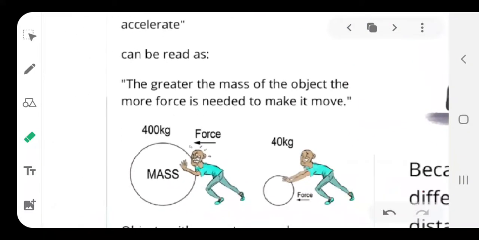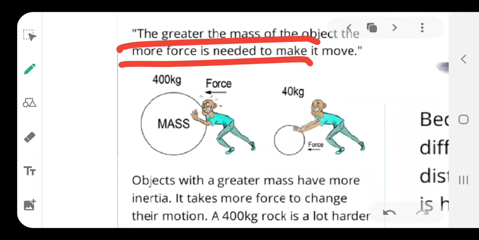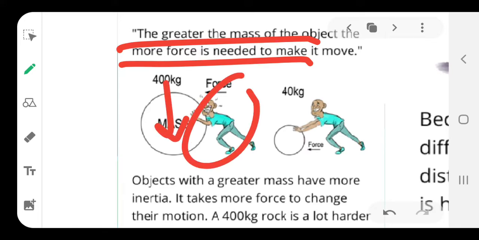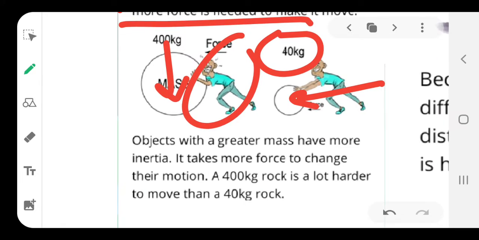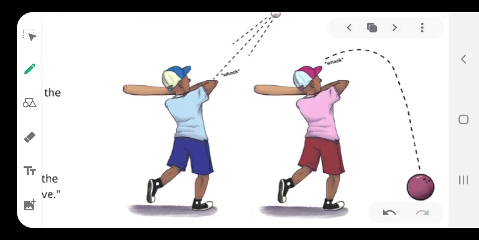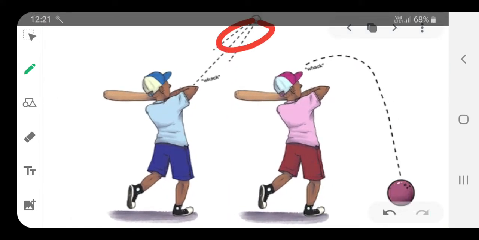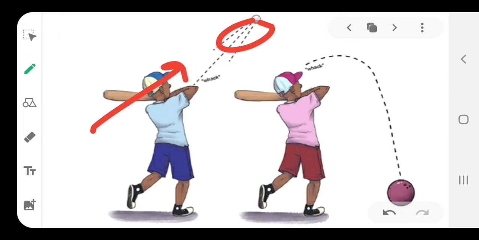The example gives you a good illustration that the greater the mass of the object, the more force we have to apply. If the body weighs say 400 kilograms, the force required will be massive, and we can't move it. But if the body has less mass, the person can move it better. Similarly, those who play cricket or baseball know that if the ball is lighter and you hit it with the bat, it goes a longer distance.